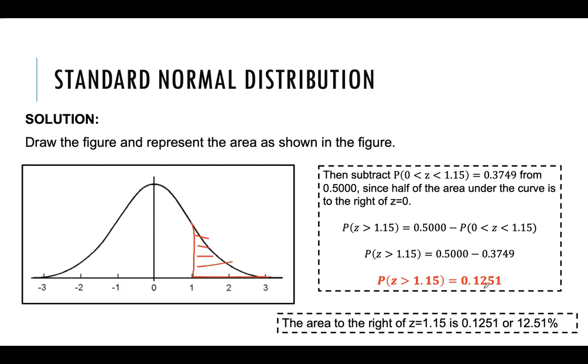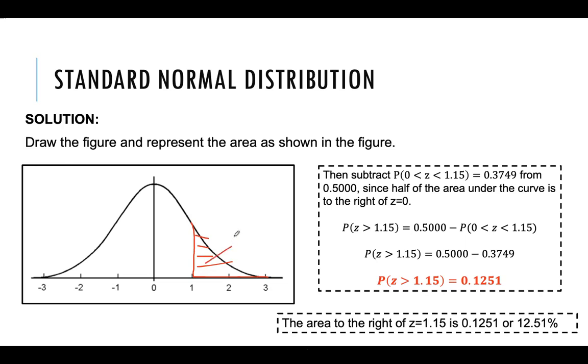So the probability to the right of the z value of 1.15 is 12.51%.